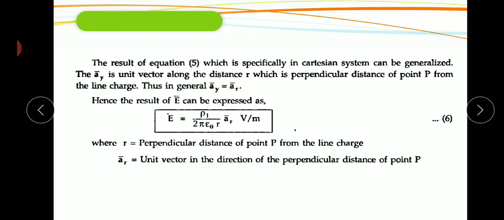So simply by replacing a_y bar with a_R bar, we get the electric field intensity E bar equal to rho L by 2 pi epsilon naught R a_R bar. Here R is the perpendicular distance of point P from the line charge, and a_R bar is a unit vector along the direction of the perpendicular distance of point P.